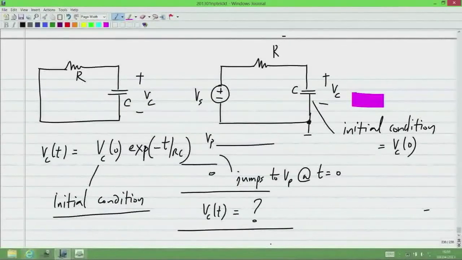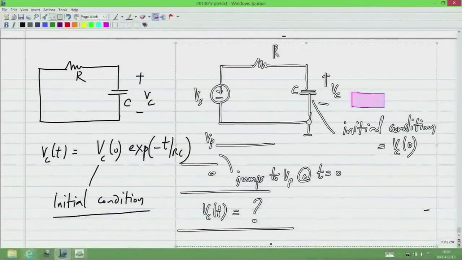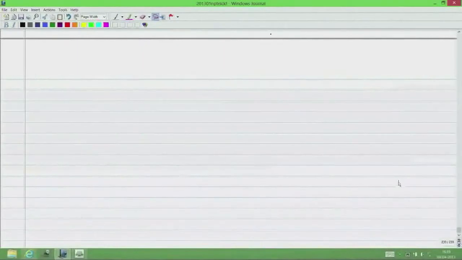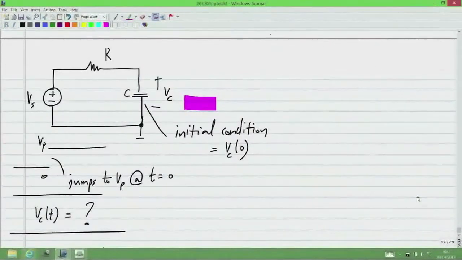Here I am talking about a case where at t equal to 0, Vs jumps from 0 to Vp. But the capacitor is not initially discharged. At t equal to 0, it has an initial condition of Vc of 0.